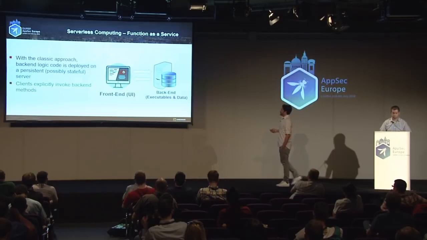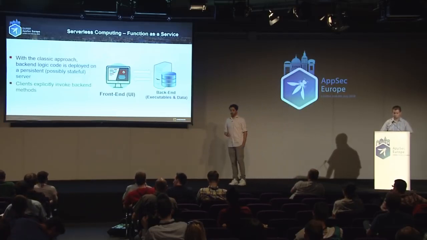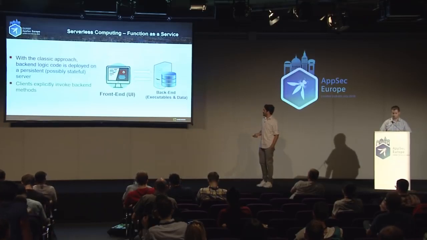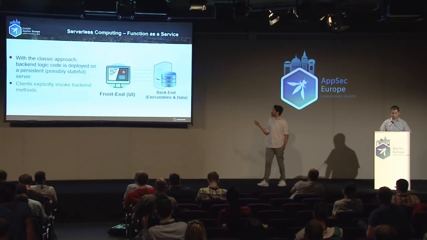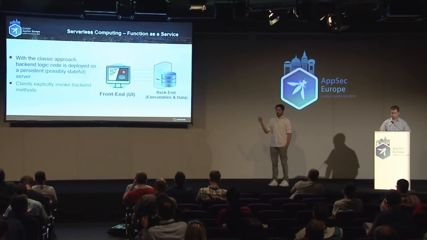So again, the classic approach, you had the backend, which was stateful, very accessible for hackers, whereas today you don't really have a backend. It's not stateful, at least. You do have a backend, but it's not stateful, and it moves all over the place.